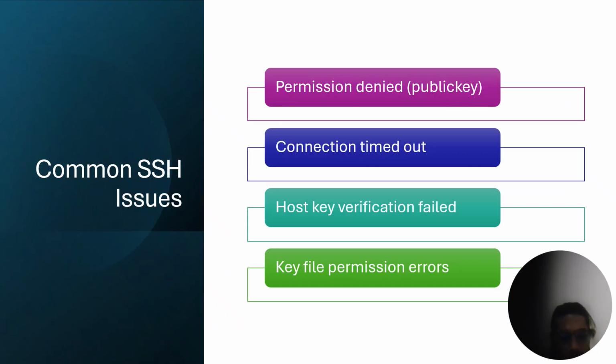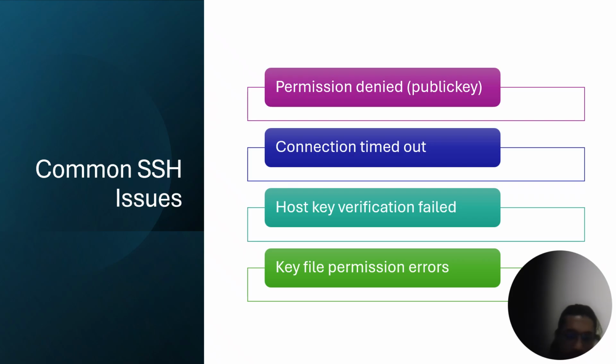Even though SSH is very secure, sometimes you might face an error while connecting to the EC2 instance. Here are a few of the common ones. Permission denied (public key): this usually means the key pair you are using doesn't match the instance.